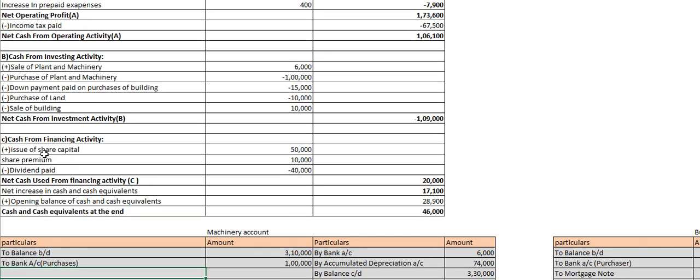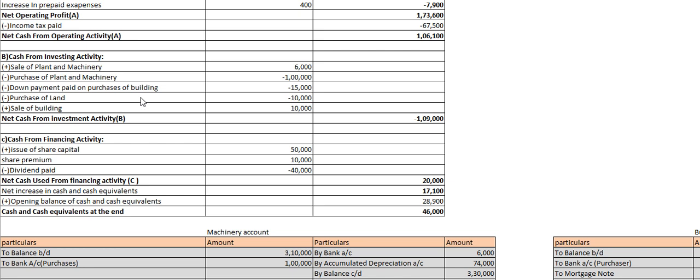So moving on to your next activity, which is cash from investing activity. If it's a sale, you will add it. If it's a purchase, you will minus it. So sale of plant and machinery 6,000, sale of building 10,000, you will add it. The purchase of plant and machinery, which is 1 lakh, minus it.